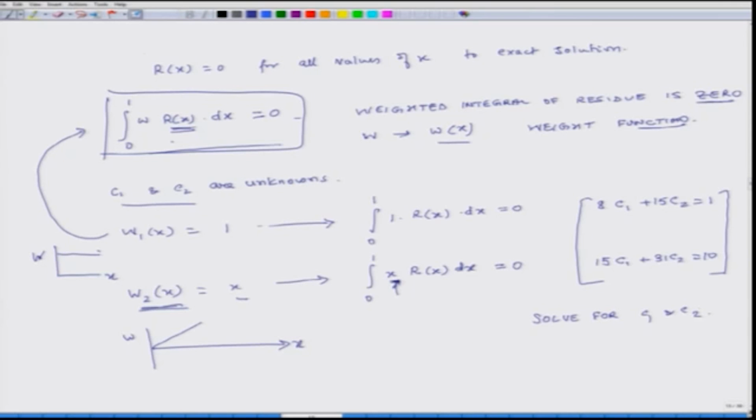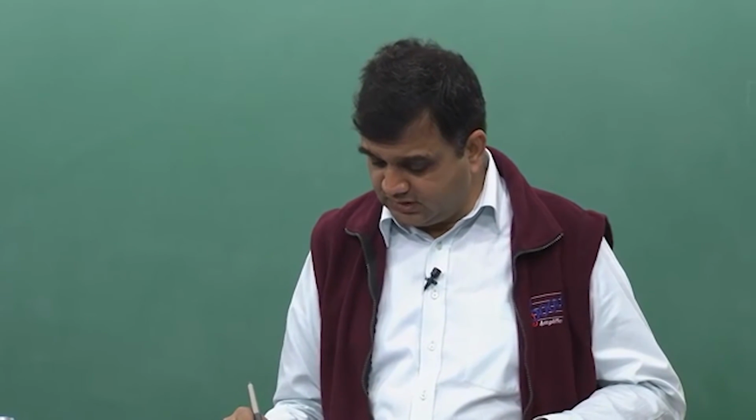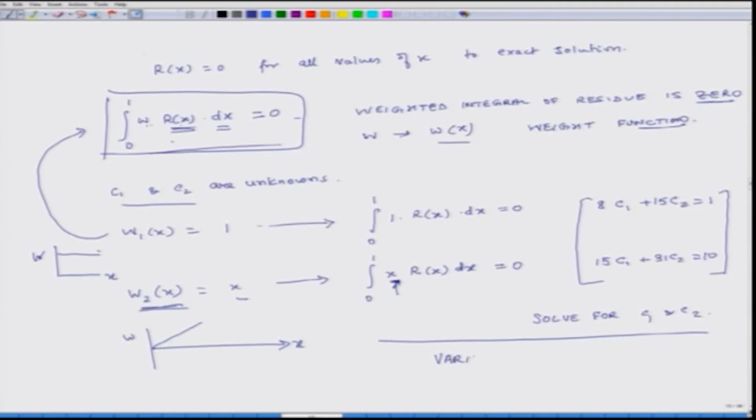This method of multiplying weight functions to the residue and then integrating the product over the domain, see, this is my domain, dx is the domain. If it was a 2D surface, then my domain would have been dx times dy, right. So, this method is known as the variational method, and you will learn about this later.